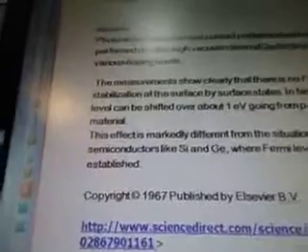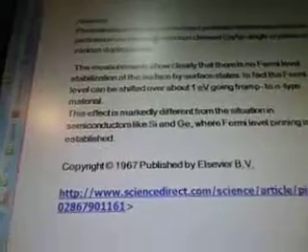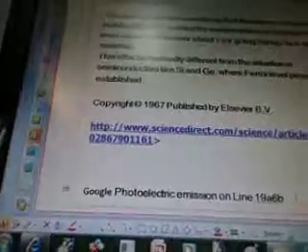This effect is markedly different from the situation in semiconductors like Si and Ge, where Fermi level pinning is well established. That was from 1967. It was published by Elsevier BV on the www.sciencedirect.com website. So the next thing I'm going to do is Google photoelectric emission on line 19a6b. So that'll be the next video.